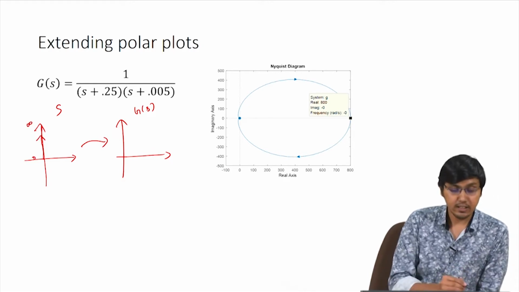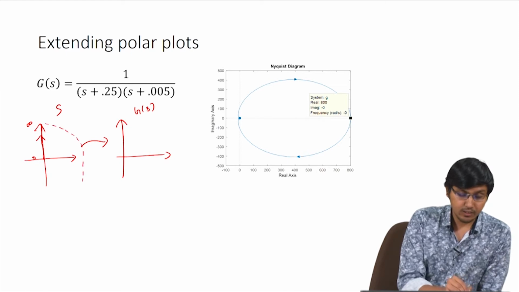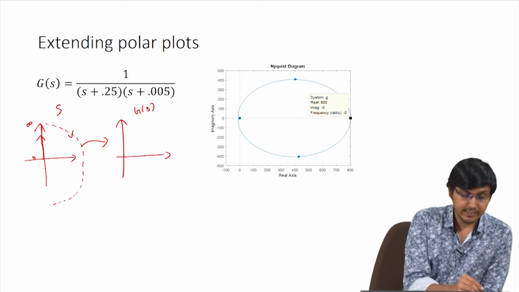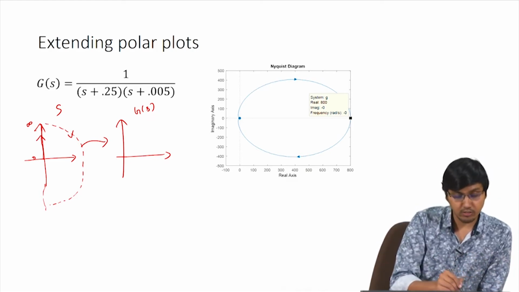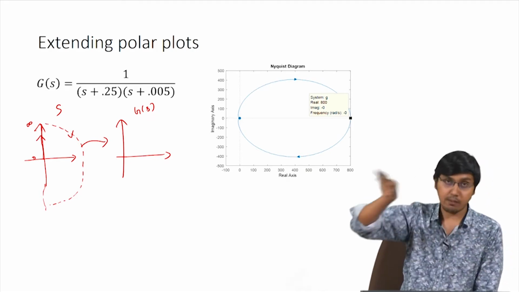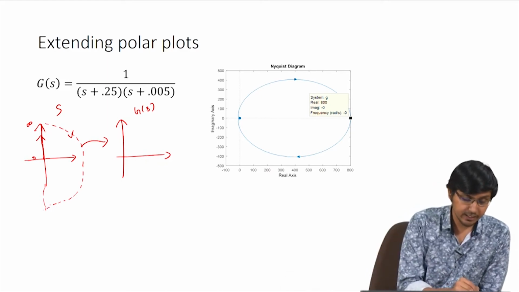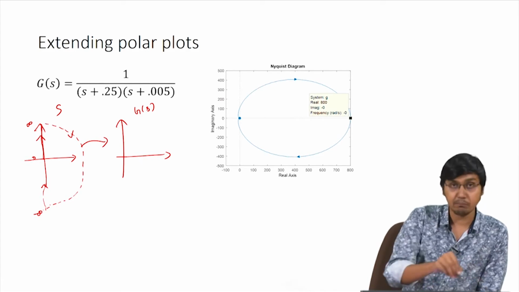So now can I go around the S plane by a big orbit, and then still continue the closed contour like this from omega minus infinity to 0, can I complete the cycle?